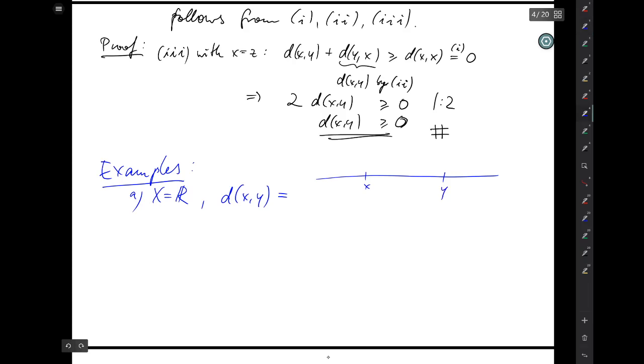It's just the length of that segment that connects the points x and y. How do you compute it? Well, you could say it's x minus y, but sometimes, like in this case, you would get a negative number, so you better take the absolute value here, then you don't have to care which one's left, which one is right.